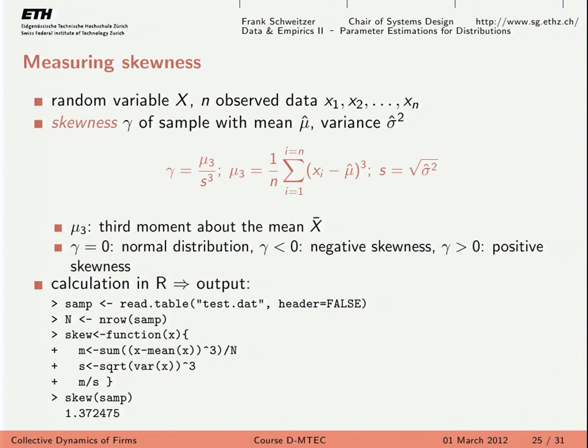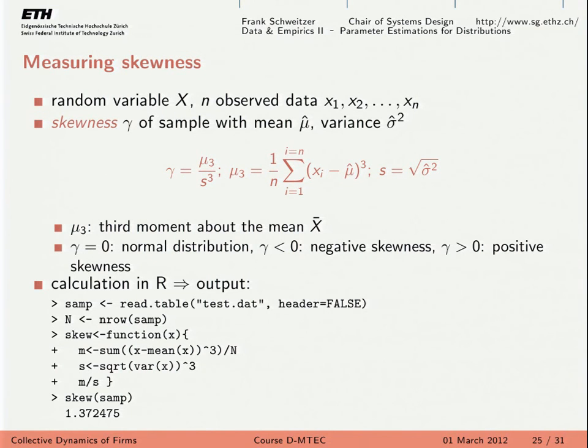And here is a little example of how you calculate this in R. I'm not going to retype this for you. Sometimes I did, but today I'm not going to do this. It's very easy. You just write down what's written here, and you try to understand what we do here.